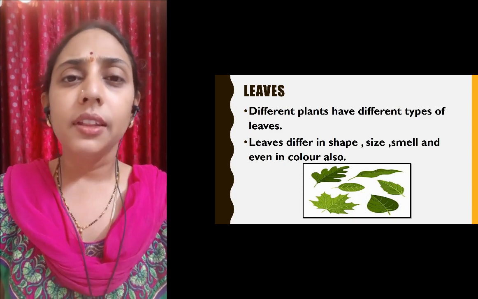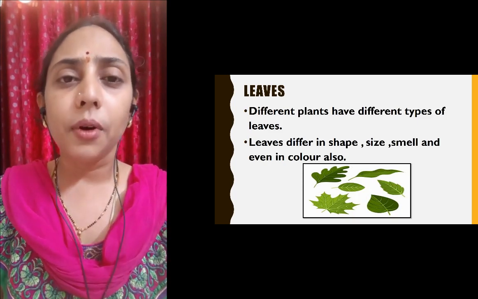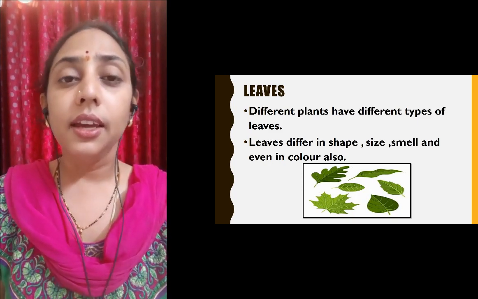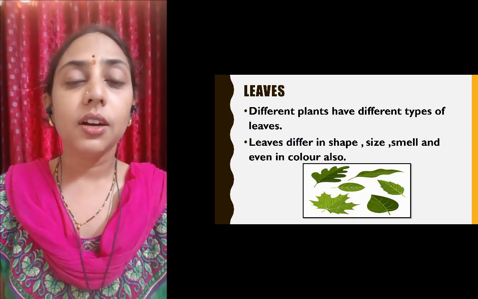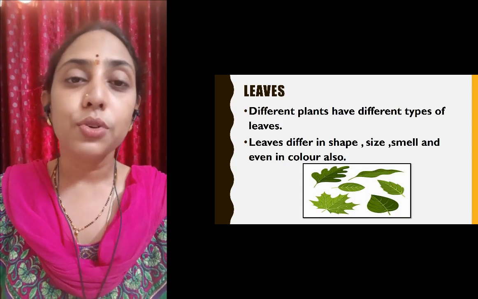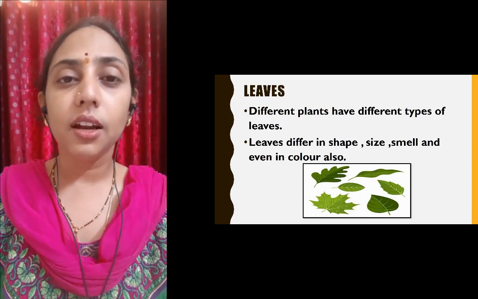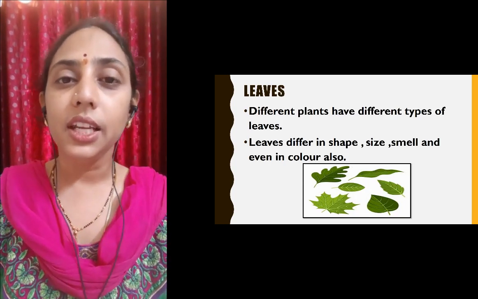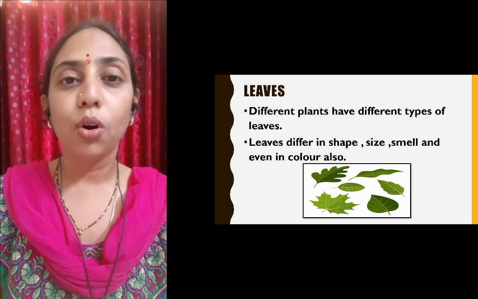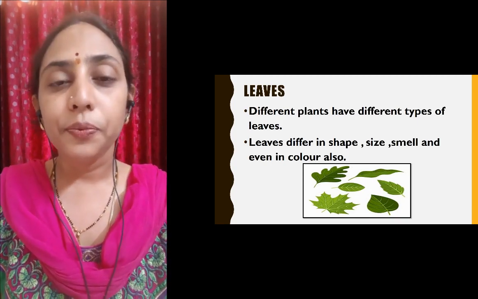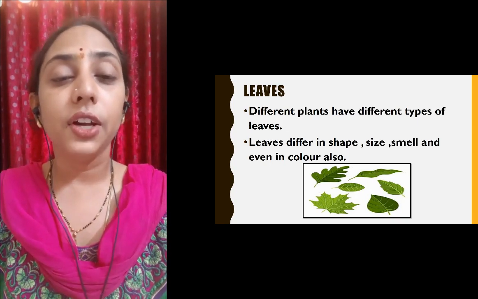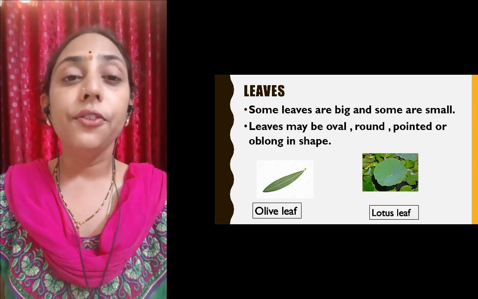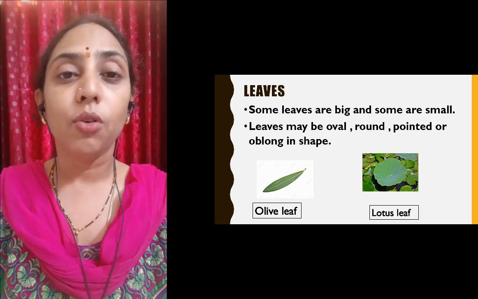So leaves differ in their size, shape, smell and even in their color. Though most leaves are green in color, there are certain leaves that are yellow or red in color. So we have seen that there are different types of leaves around us.